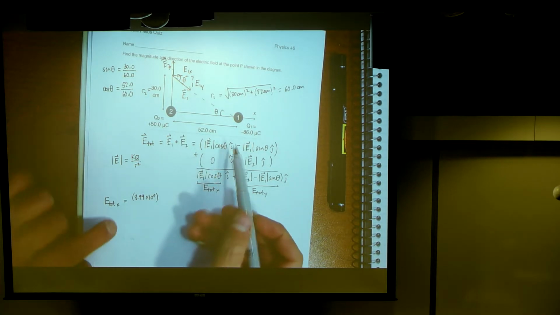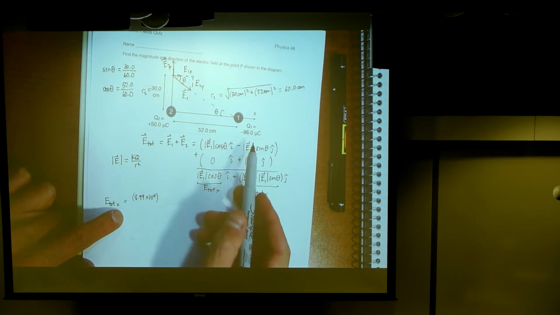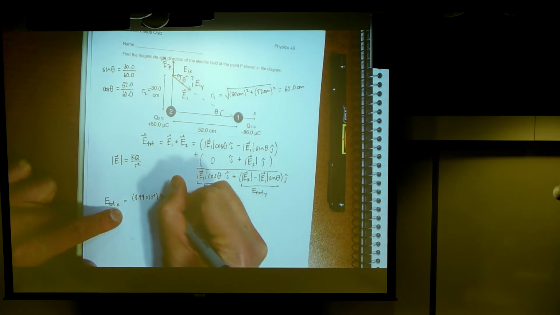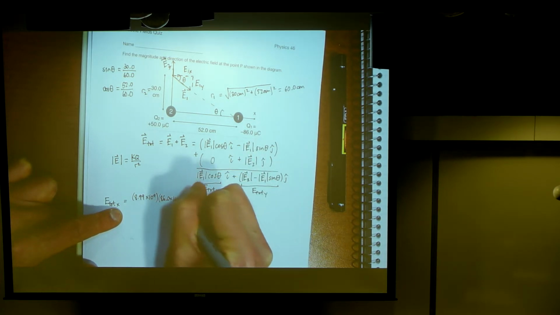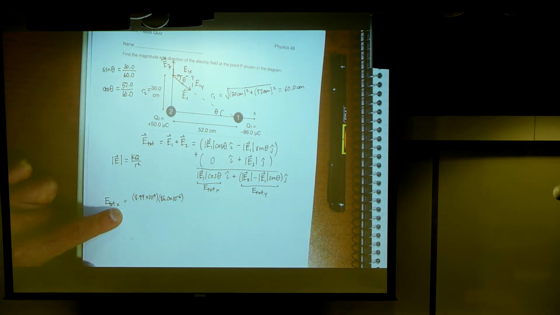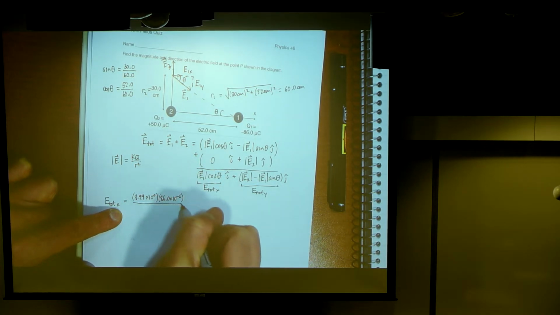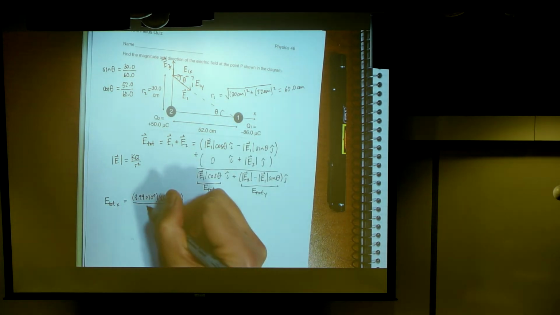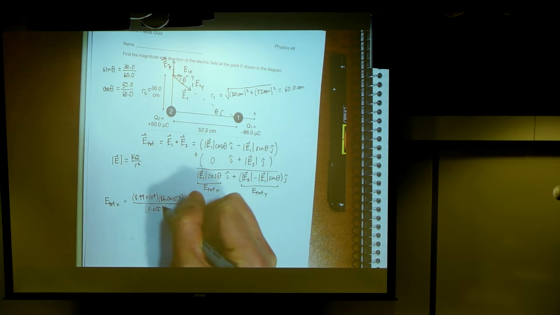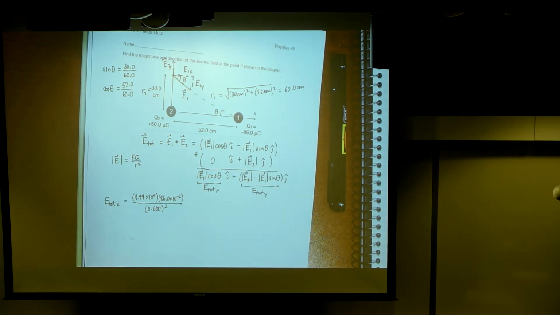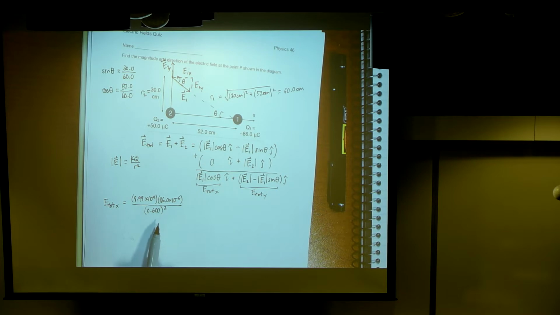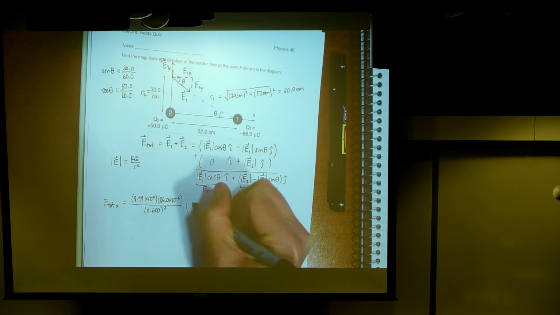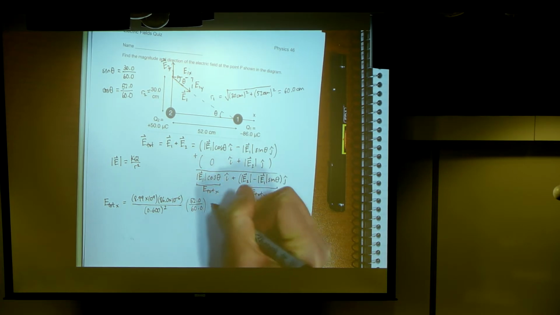Q, and we're using the magnitude of the first charge here, which is 86 microcoulombs, or 86 times 10 to the minus 6 in coulombs, divided by R1, which we said is 60 centimeters, but that would be the same as 0.6 meters, and we're squaring that distance. So that's the magnitude of E1. Make sense? That gets multiplied by cosine, which is 52 divided by 60. And that's our overall X component.